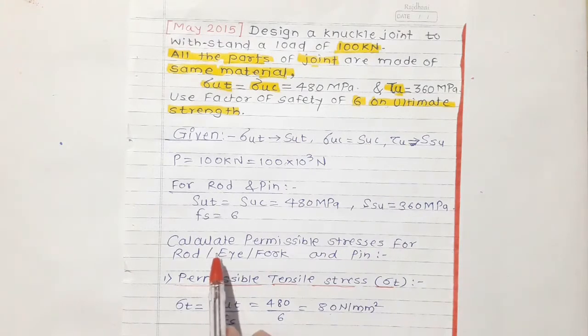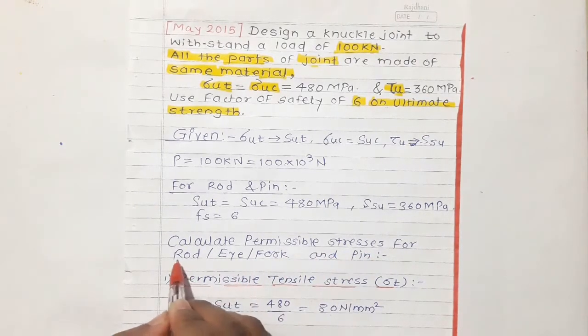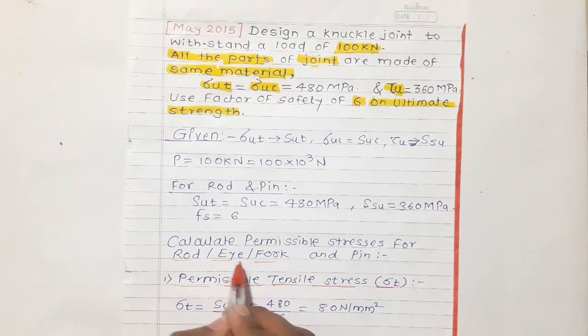Then we have to calculate the permissible stresses for rod, eye and fork, because whatever the material of rod is, the same material is there for the eye and fork. Rod and eye are not different parts; the geometry is different, that's why the name is given different. Similarly, rod and fork are not different parts.